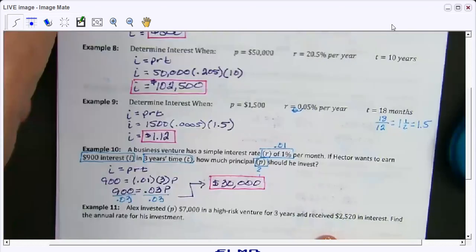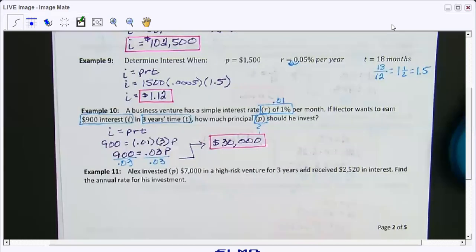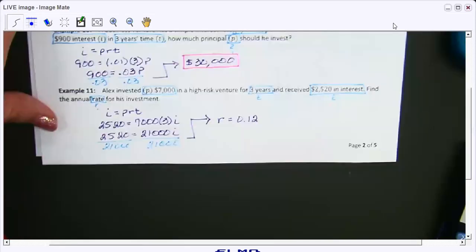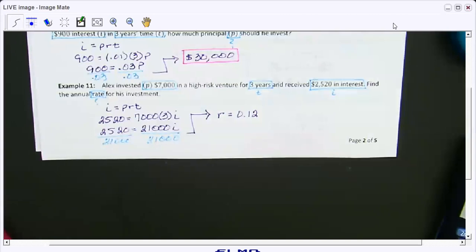I would like for you to annotate example 11, write out your formula, plug in your values, and then we'll come back and check it. Okay, so this is what you should have gotten, but there's a problem with my final answer.